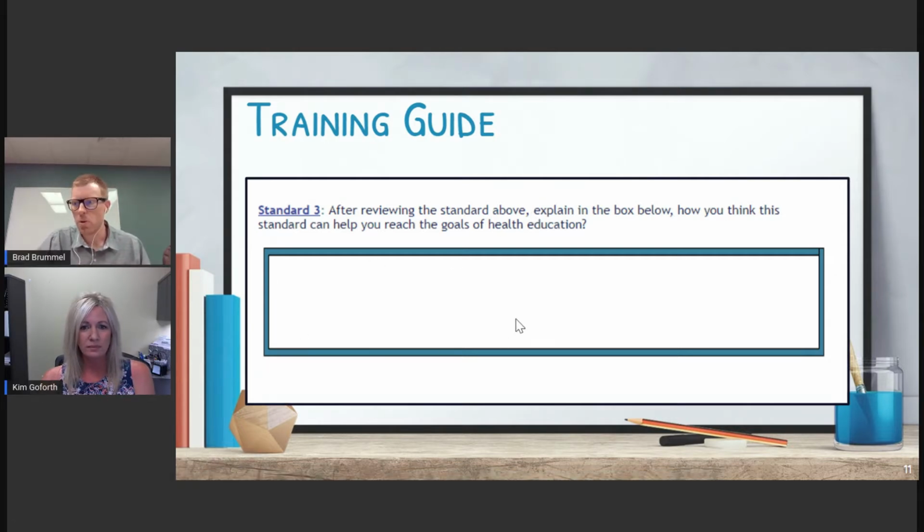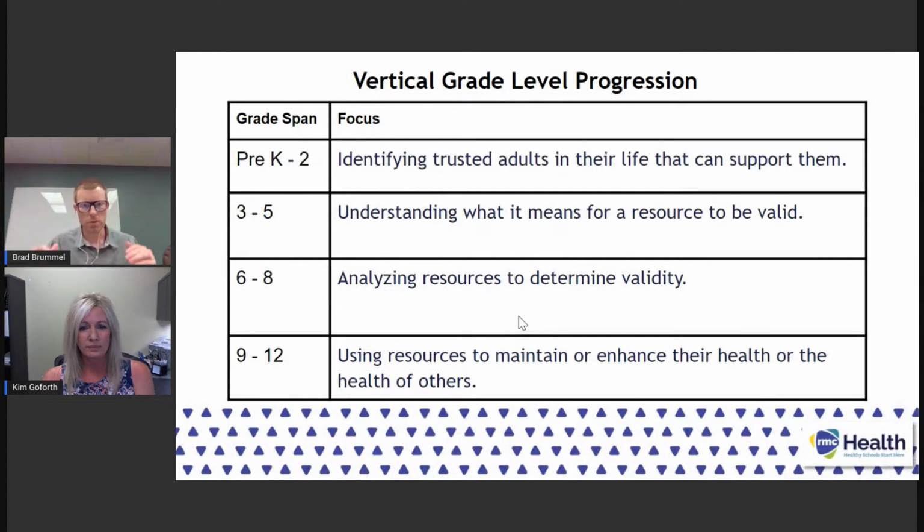So moving into our vertical grade level progression, here you can see what this standard and skill looks like from pre-K through graduate. And so you can see that at the primary stages, we're learning about trusted adults and being able to identify who they are in their life. We're then progressing to understanding what valid means and what that looks like in a resource.